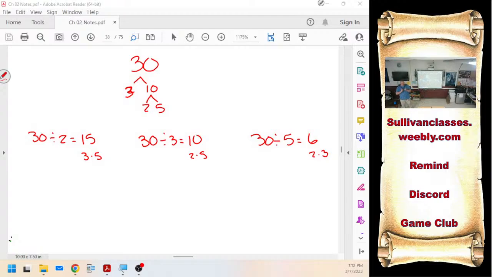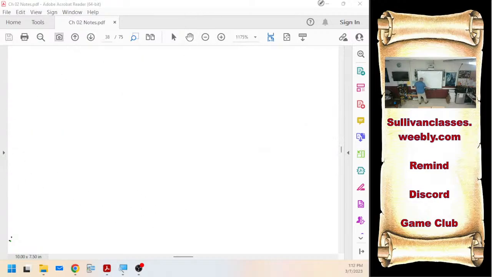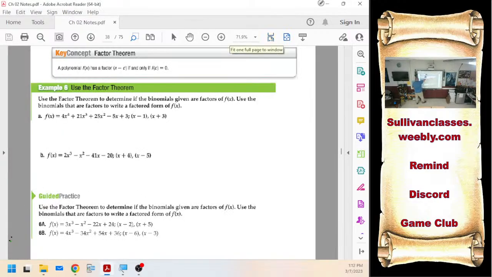The same thing works for polynomials. If I do division, synthetically or longhand, and it is a factor, I should get what at the end? 0. This is how I test. This is what the factor theorem is. If something is a factor, I should be able to do synthetic division and get a 0 at the end.